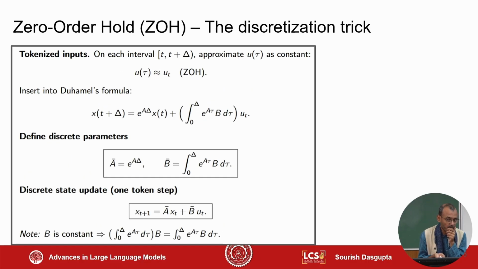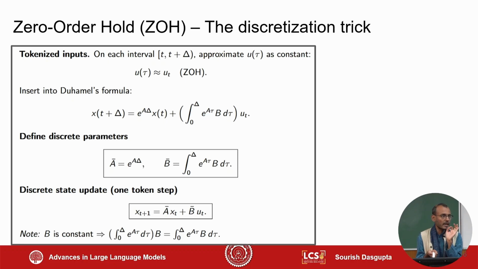So the trick, we call it zero order hold. As we said earlier, we used to look at u(τ) as whatever input has happened over the entire trajectory, the entire continuous supply of u over that entire trajectory τ. We look at that as no. That is as good as saying what is happening right now.